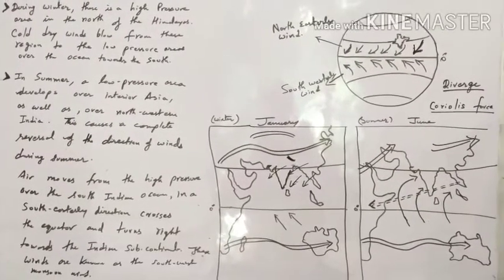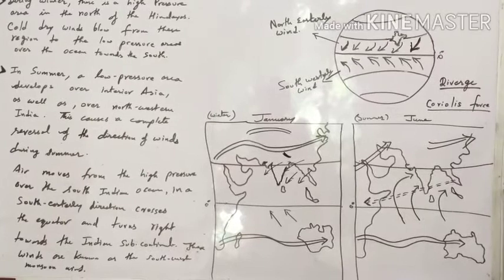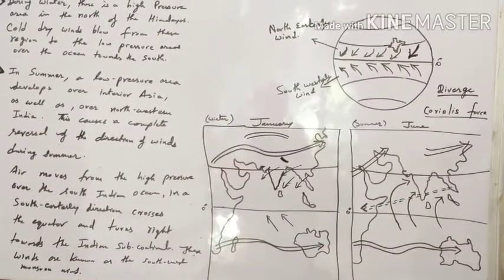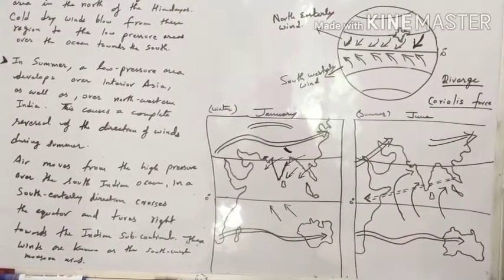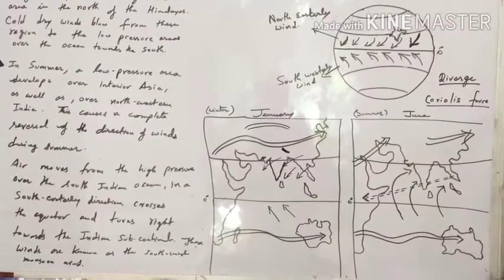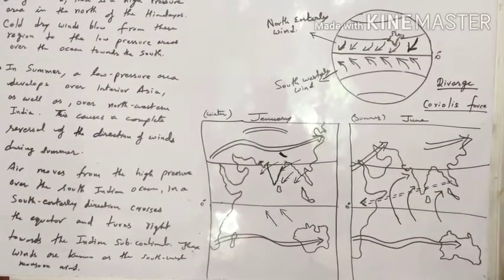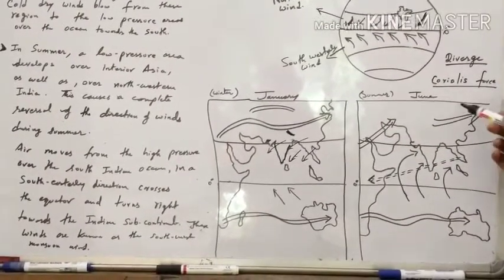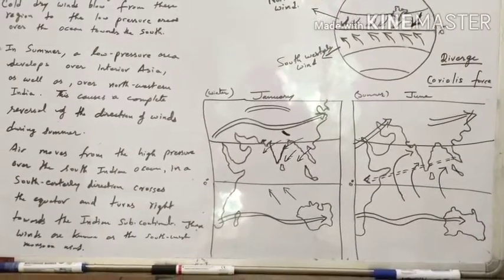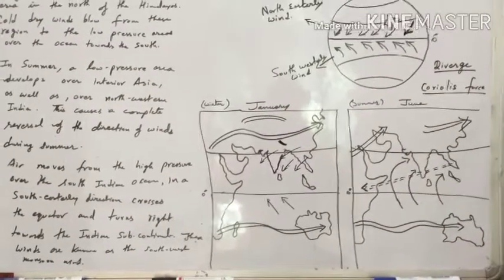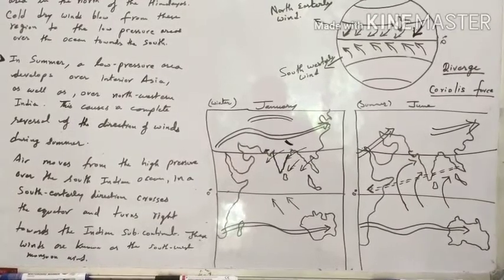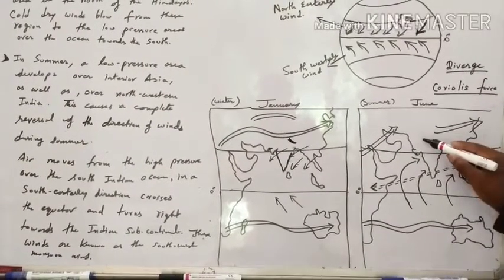Air moves from the high pressure over the southern Indian Ocean in the southeastern direction, crosses the equator and turns right towards the Indian subcontinent, and these winds are known as the southwest monsoon wind. Now let us understand with that diagram. As I said, in the northern side of the Asian continent, you'll find that low pressure is created. On the western part of our country, low pressure is also created.